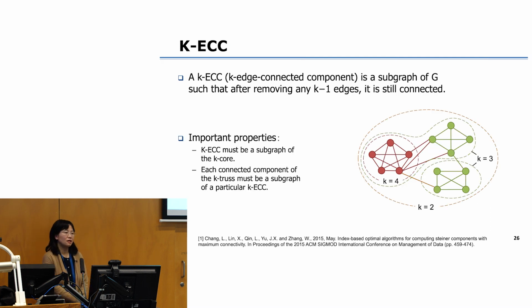And the K-edge connected component looks at this from a different angle. It wants the computed subgraph to be robust, to be connected. So it requires that this subgraph should remain connected even after we remove any K-1 edges.